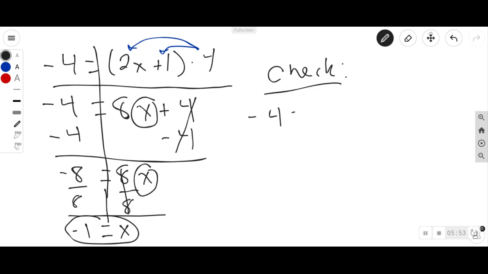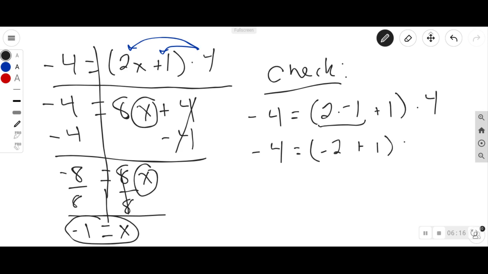So negative 4 equals, parentheses, 2 times negative 1 plus 1, parentheses, times 4. Again, don't distribute. We're going to deal with that first. We're going to follow PEMDAS. 2 times negative 1 is negative 2, plus 1 times 4.